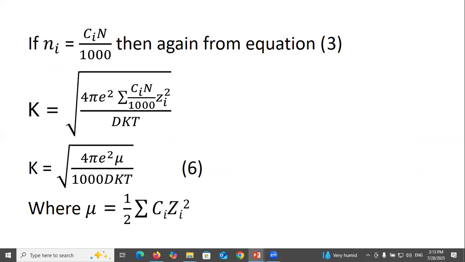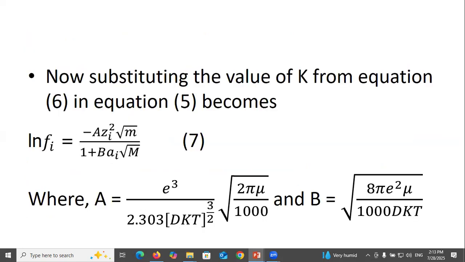So solving, we get root over 4 pi e squared mu over 1000 DkT, where mu equals half summation Ci zeta i squared.